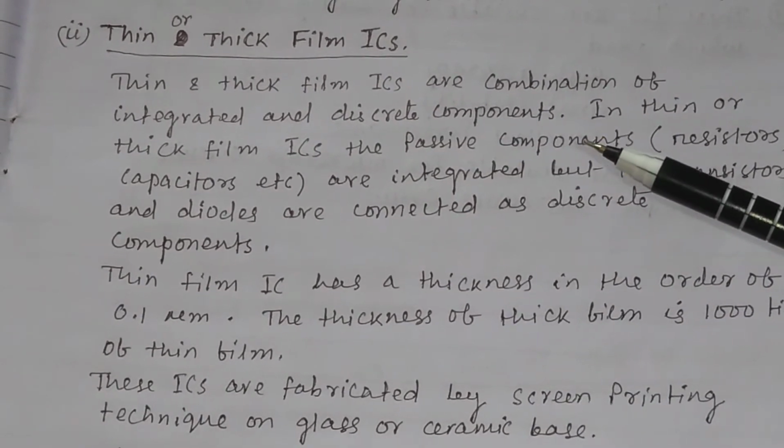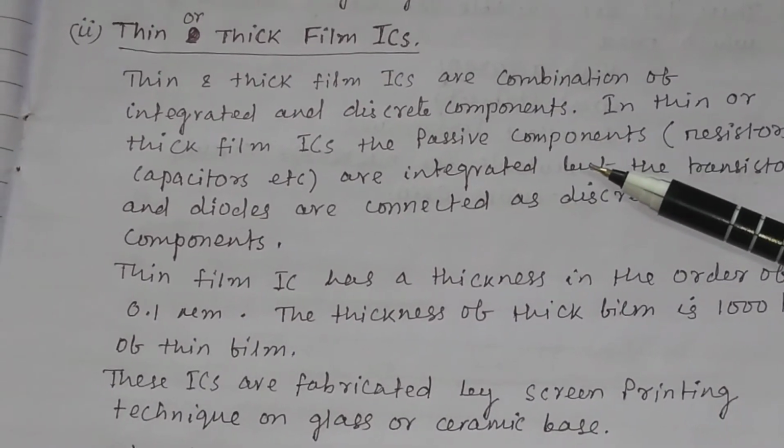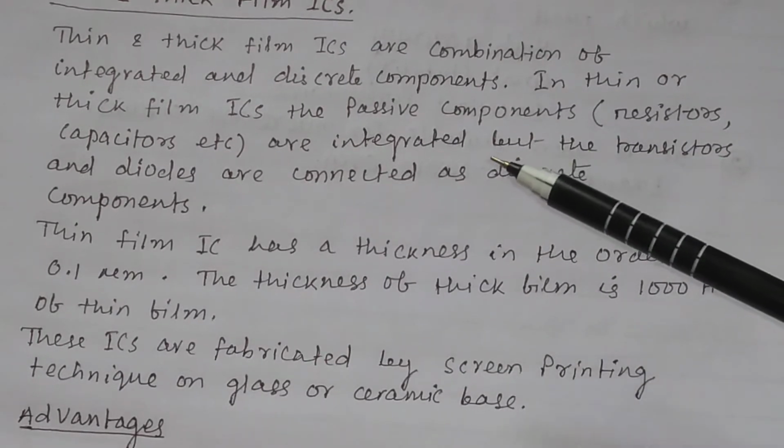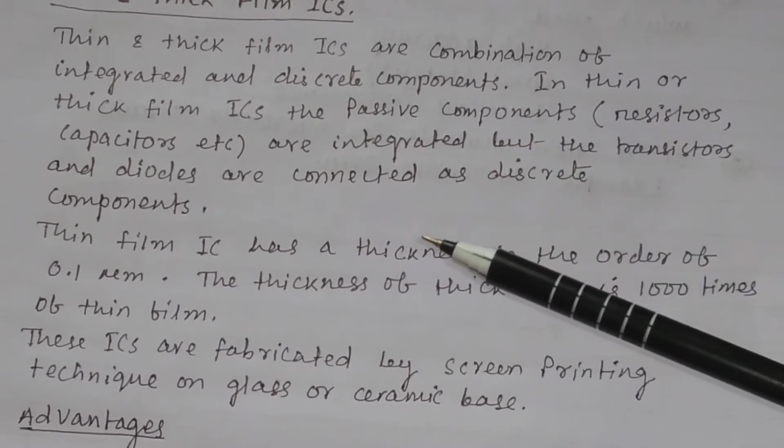So basically thin film IC means fabrication of the passive components like the resistors and capacitors.